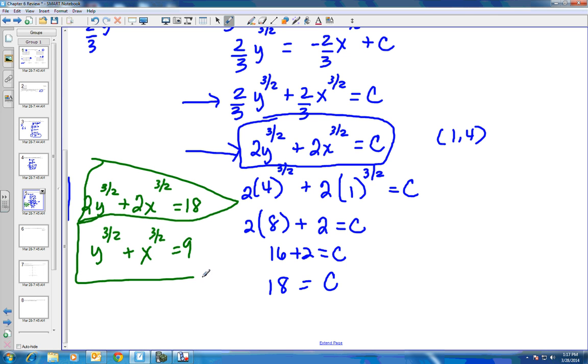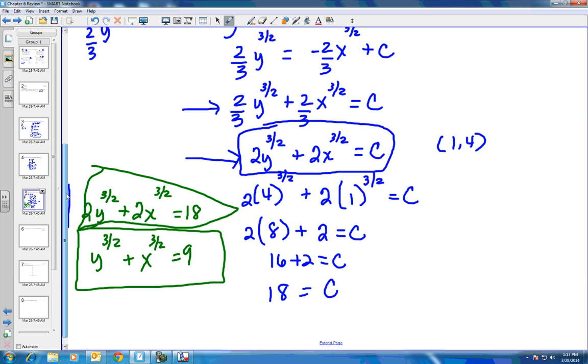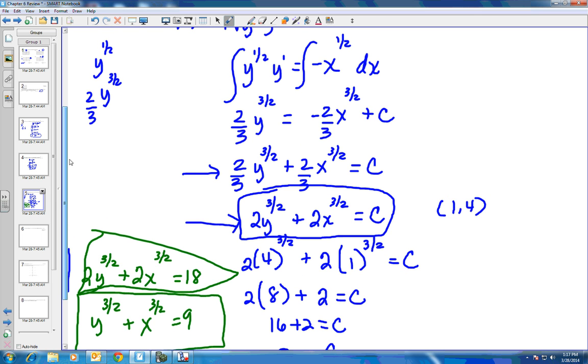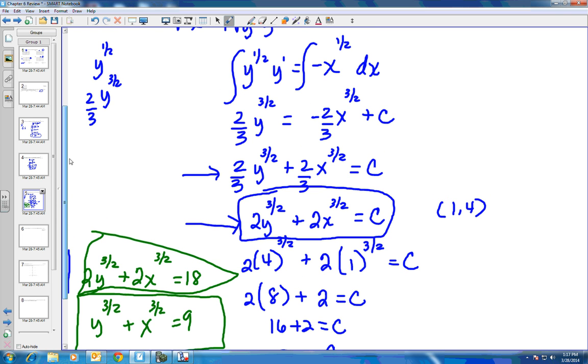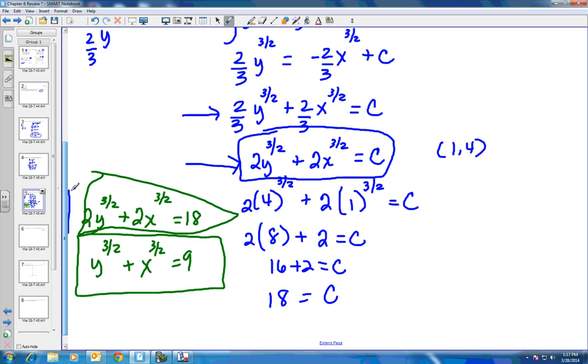Either answer is acceptable. Okay, Rick? So when he's saying he got 6 for c, and then when you plug it back into the original equation, whatever equation you used, and you simplify it, it's going to be some form of this. Does that make sense? Okay.